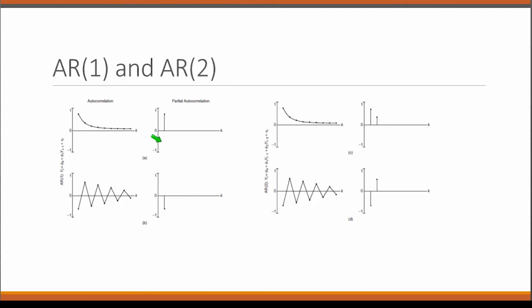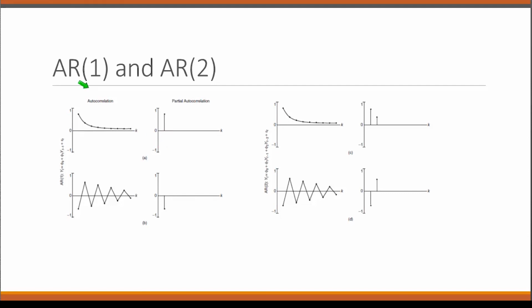If autocorrelation is dying out and partial autocorrelation is cutting off, then it tells us we do need the AR part. The number of significant autocorrelations in the partial autocorrelation graph tells you the number. If we see one significant autocorrelation, like one bar here, then that's AR1.